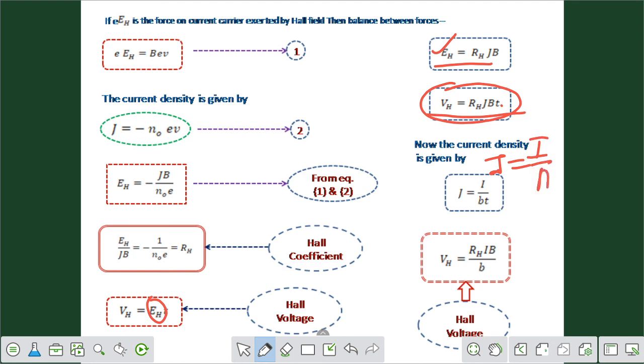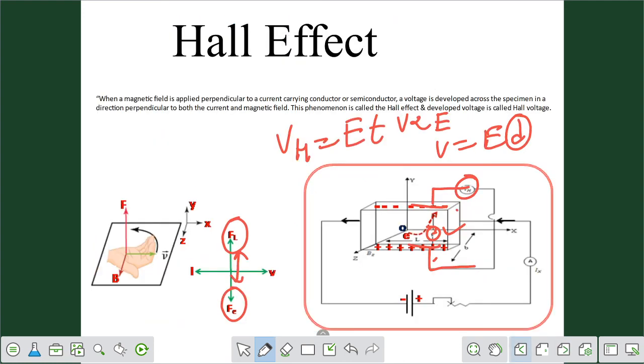Now the current density, as you know, is the total current per unit area. So you can write the current density as I upon b t. Here, if you see in that diagram, b is the plate width, and the separation between the plates collecting the charge carriers is small t.